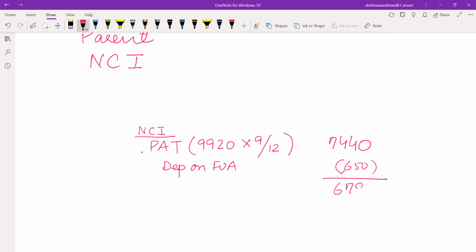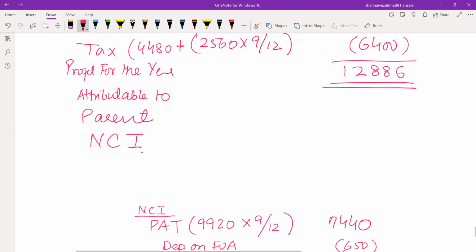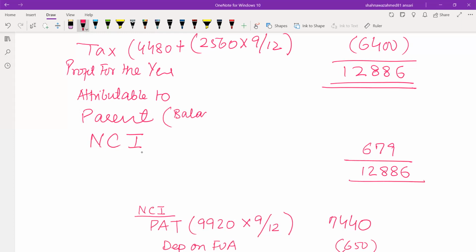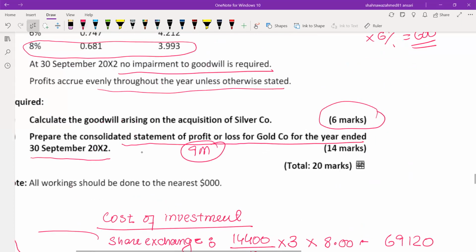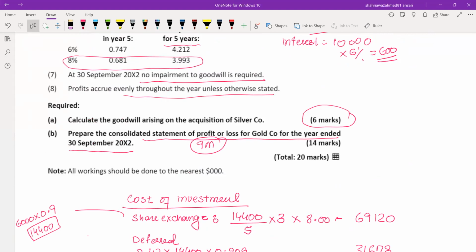So net figure is 6790, and the NCI share is 10%, that is 679. So write 679 here. So from 12886, the balancing figure is parent's share of profit. And this is going to be 12207. So this is our complete income statement along with the goodwill calculation.